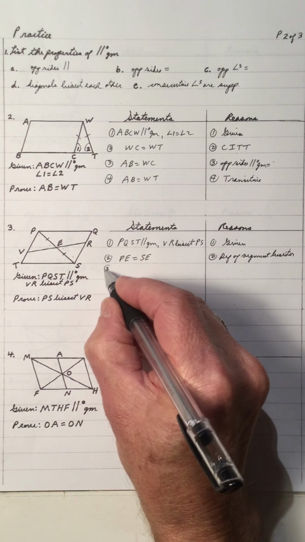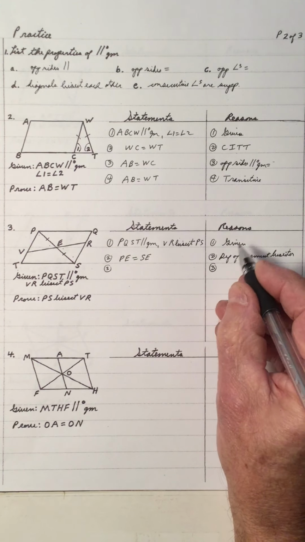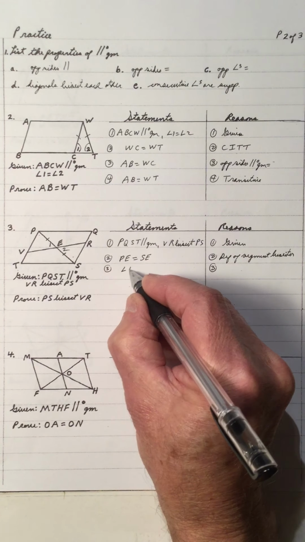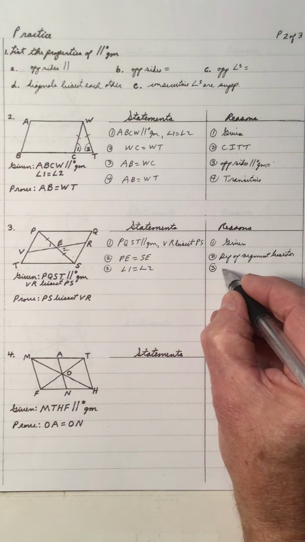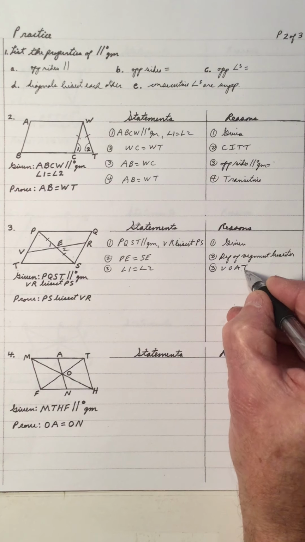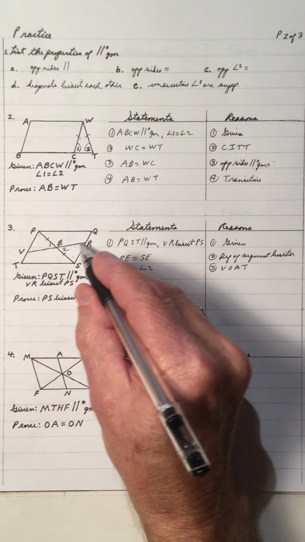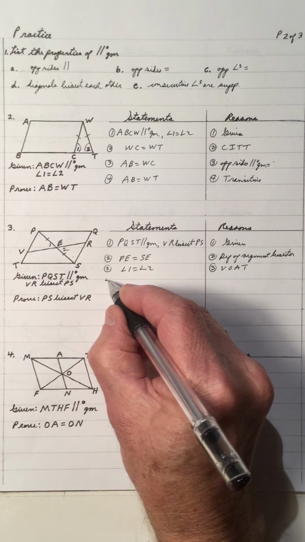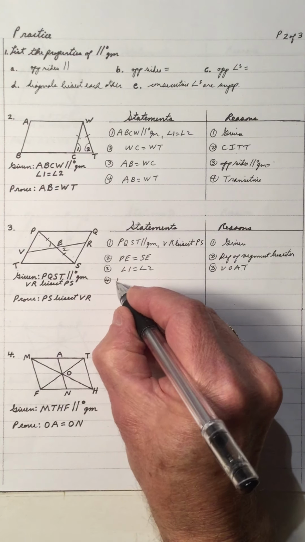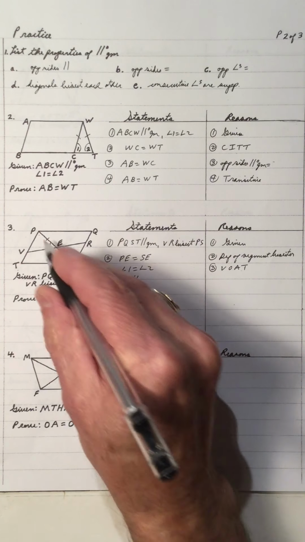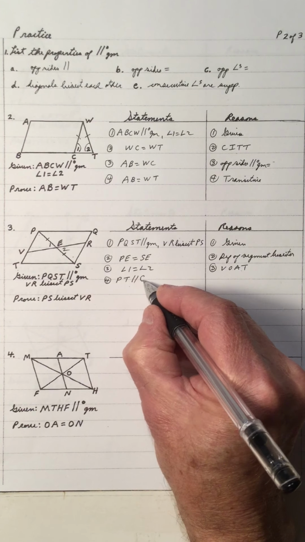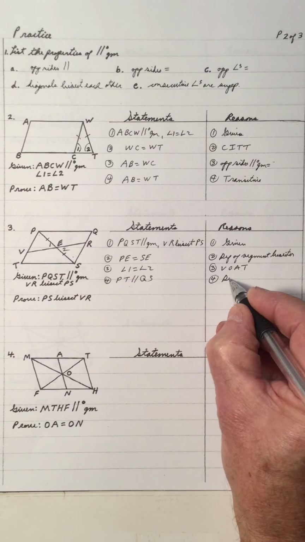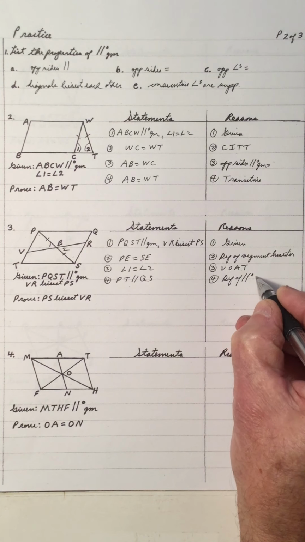Okay, number 3, let's go with angle 1 and angle 2. Angle 1 equals angle 2, and that's VOAT, vertically opposite angle theorem. Two lines intersecting, the vertically opposite angles are equal. And now we need PT is parallel to QS, and that's the definition of parallelogram.